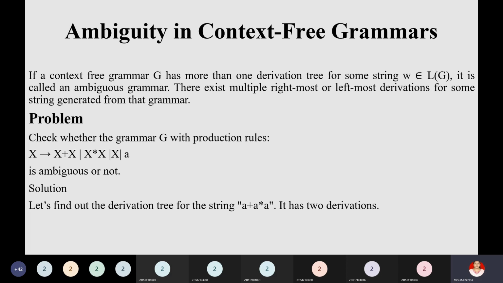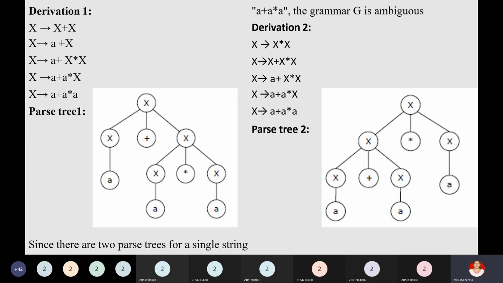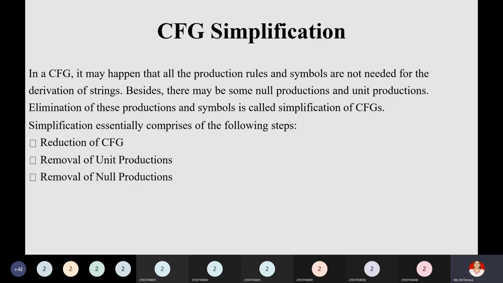And we have seen an example for ambiguous grammar. See here, you are able to draw two different parse trees for the string a plus a star a from the given grammar. So the grammar is ambiguous, as you can generate two different parse trees to derive the same string w.